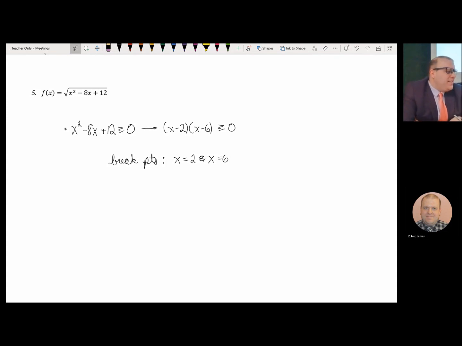So now what we have to do is set up test intervals. The test intervals is just the set of all real numbers, and it breaks at the breakpoints, right? First breakpoint is 2. Then it goes to 6.